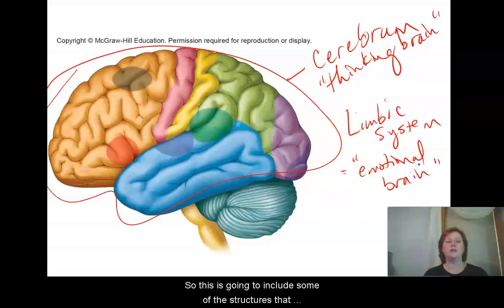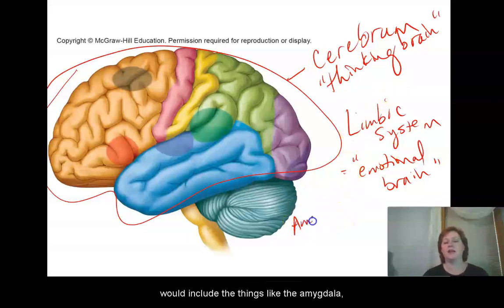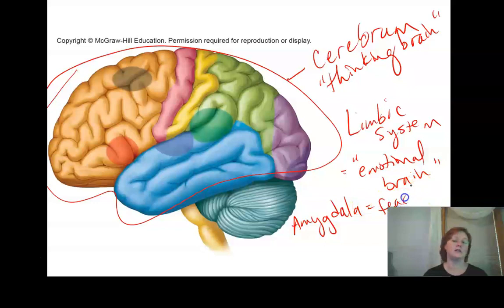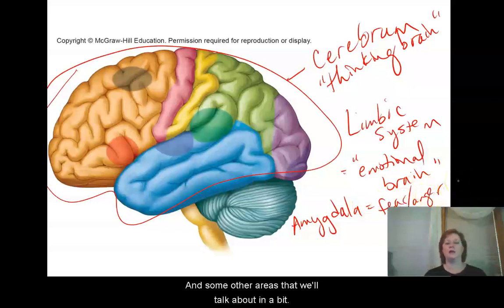So this is going to include some of the structures that are on your objectives for identification, like the frontal lobe, but it also includes some structures that you need to know, but not necessarily need to be able to find on a picture or a model. And that would include things like the amygdala, which is sort of your fear or anger center, and some other areas that we'll talk about in a bit.